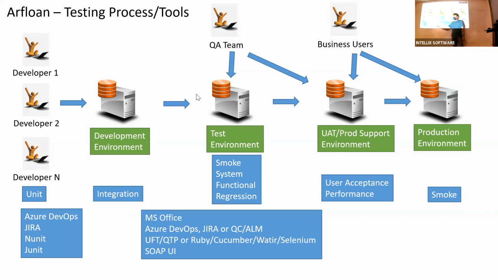SoapUI, Postman, there is another tool called Postman. We will take a look at Postman as well in this class as we move along. Those are testing tools that will help you test certain backend components, which you need to do these days. So you need to know how to utilize these tools to get the work done, from smoke testing and all these things.